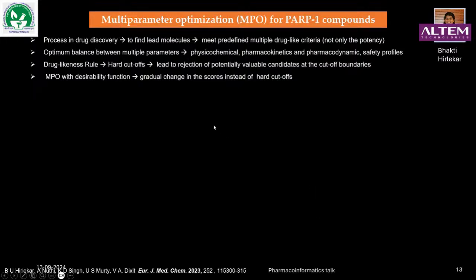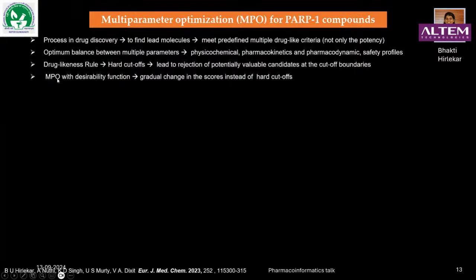We have done a literature search and understood that there are multiple drug-like properties that are important for successful drug discovery programs. So there should be an optimum balance between these properties: physicochemical, pharmacokinetic, and dynamic. And obviously there are drug likeness rules available, but these set very hard cutoffs that often lead to rejection of potentially useful compounds.